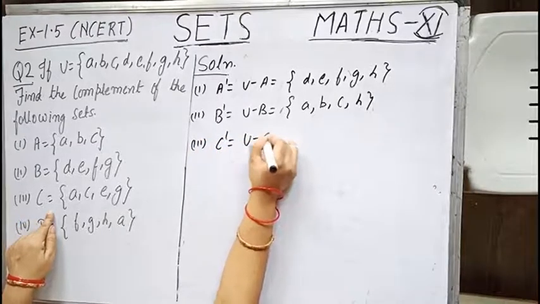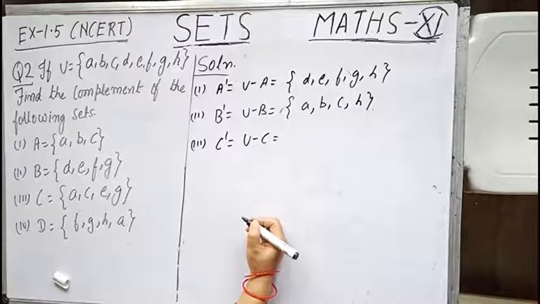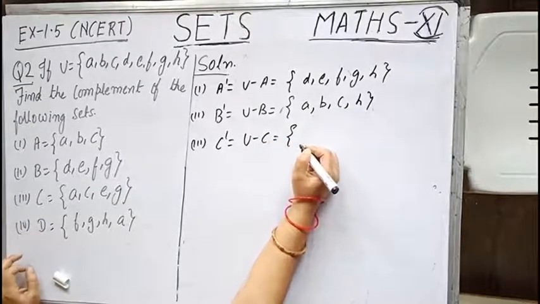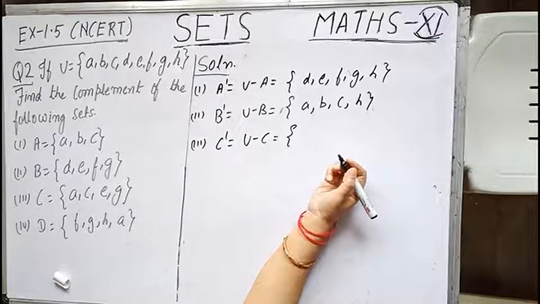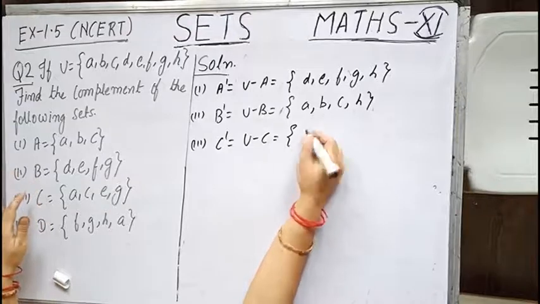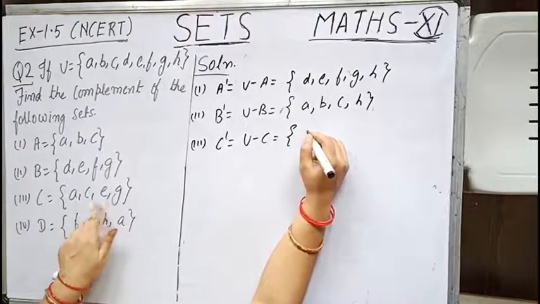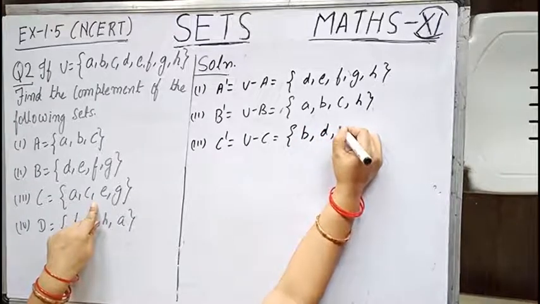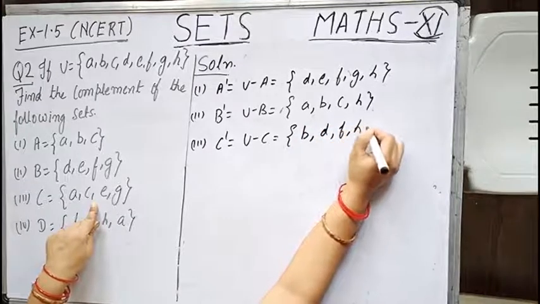C complement equals U minus C. So U minus C will be equal to, C is a, c, e, g, so over here b, d, f and h.